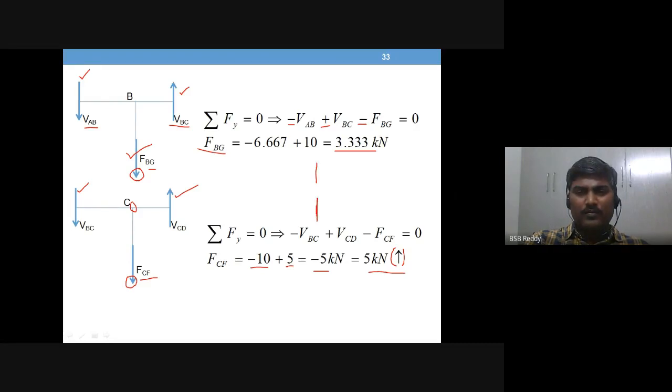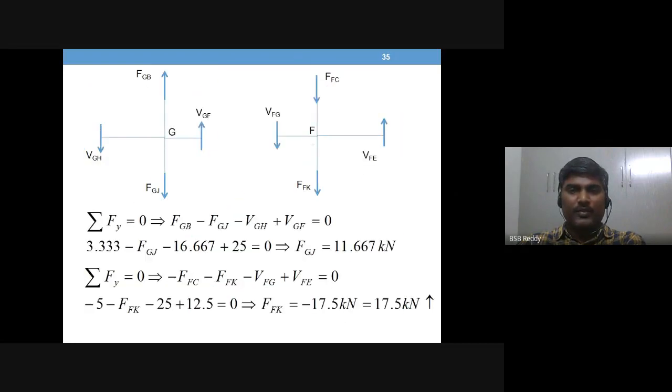Okay, right. So this is, say, downward 3.333. So how should you apply it now? Upward 3.333. This is B, this is G. So when you consider joint G, you should represent it as an upward arrow. Let us see how it is done. Now you see the upward arrow for BG.